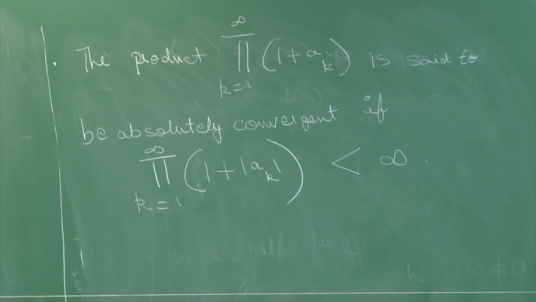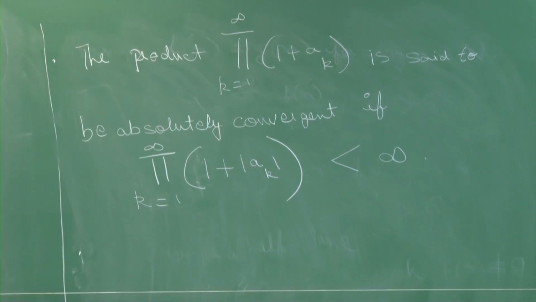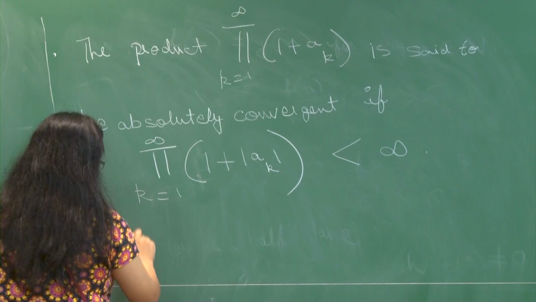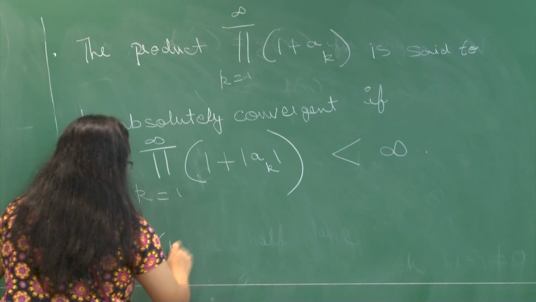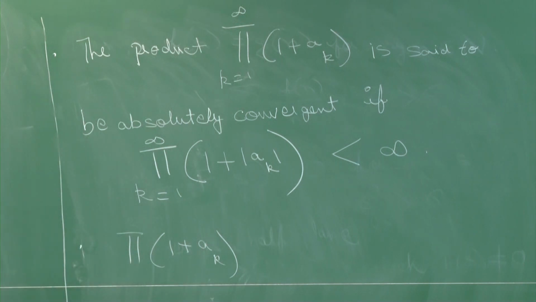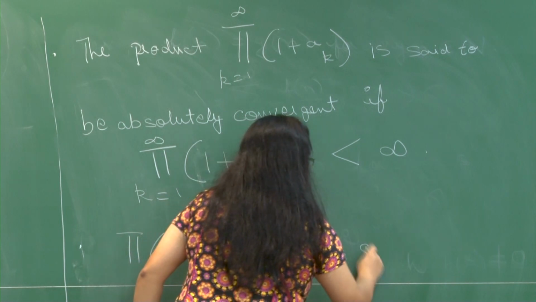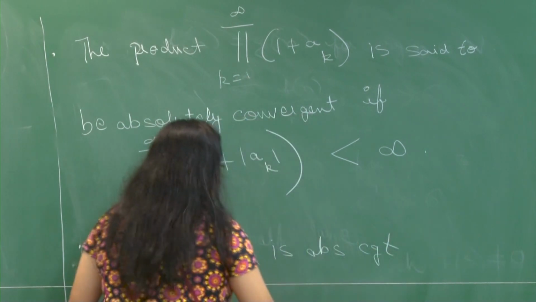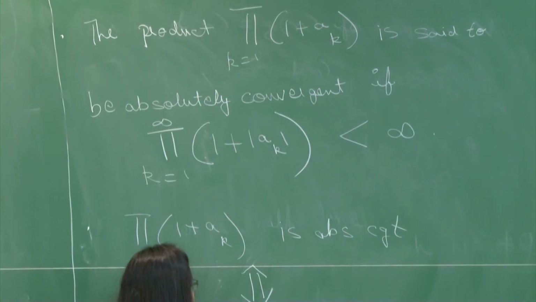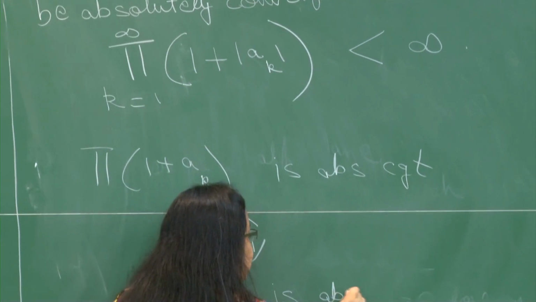And this tells us from the previous fact that to say that the product of 1 plus a sub k is absolutely convergent is equivalent to saying that the sum of a sub k is absolutely convergent.